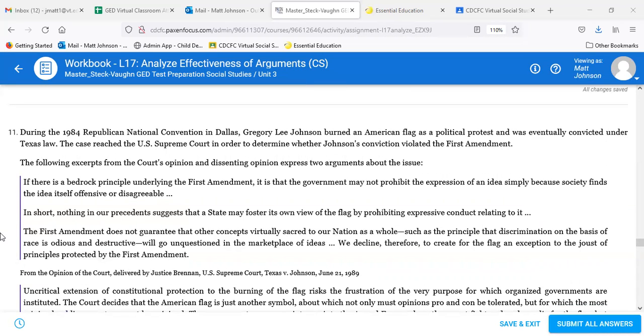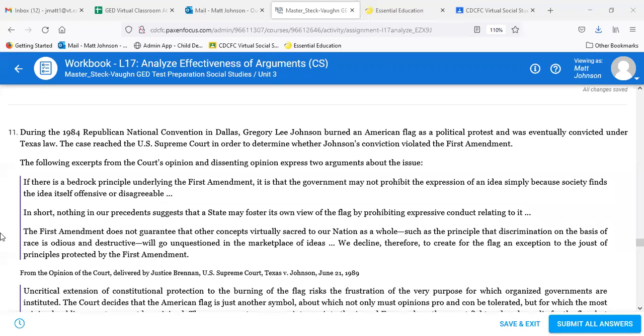So it says, the following excerpt from the court's opinion expressed two arguments about the issue. If there is a bedrock principle underlying the First Amendment, it is that the government may not prohibit the expression of an idea simply because society finds the idea offensive or disagreeable. In short, nothing in our precedent suggests that a state may foster its own view of the flag by prohibiting expressive conduct relating to it.